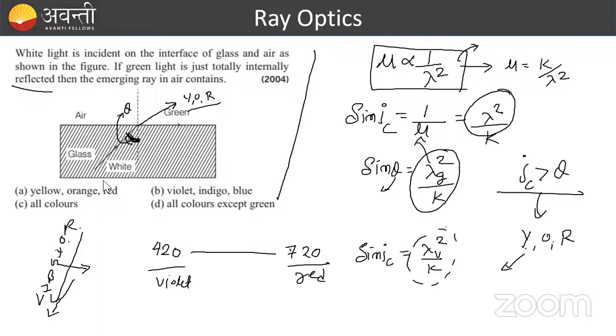So if this angle is equal to the critical angle of green light, then definitely for violet light this angle is greater than its critical angle. So that will be internally reflected. The light that is getting internally reflected is blue, indigo and violet.